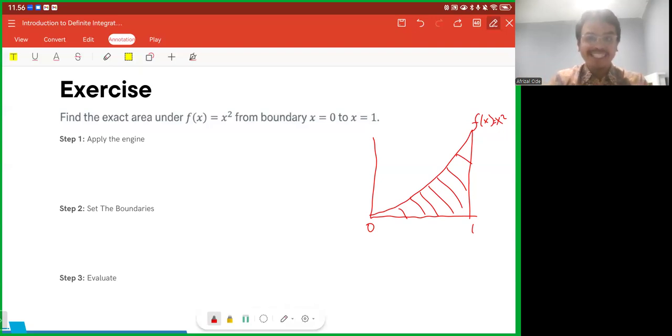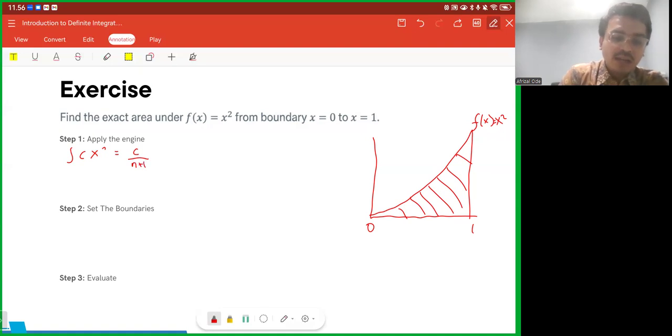The first one is apply the engine that we already learned before, right? The first one, apply the engine. So basically, we have the integral of c x to the power of n, which is equal to c divided by n plus 1, times x to the power of n plus 1. So we can substitute the function using our real function.